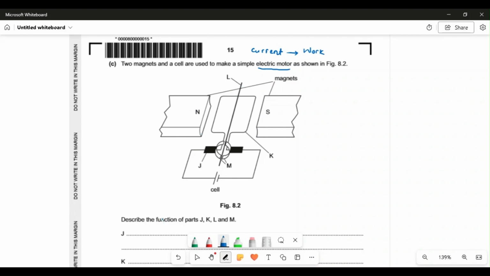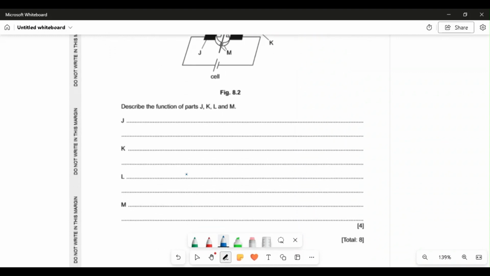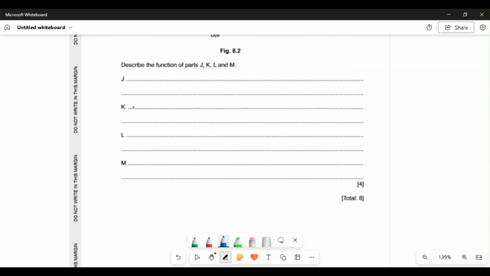Here the question asked is to describe the function of J, K, L, and M. First of all, J, these are carbon brushes. What are the carbon brushes? J represents carbon brushes.